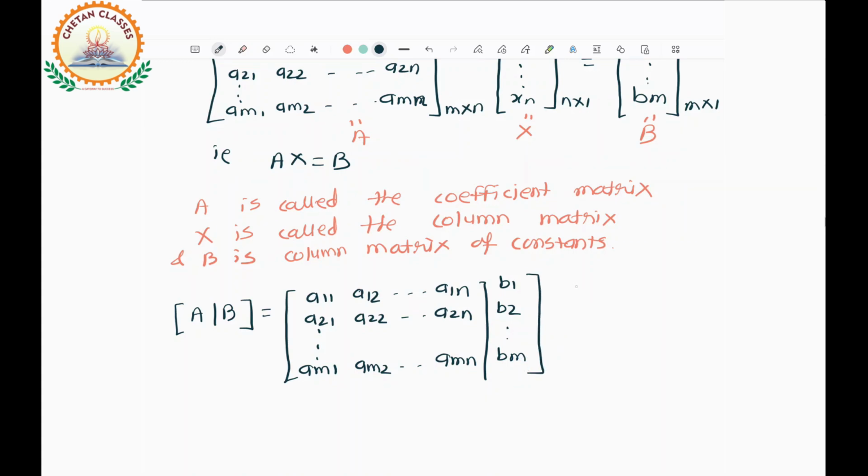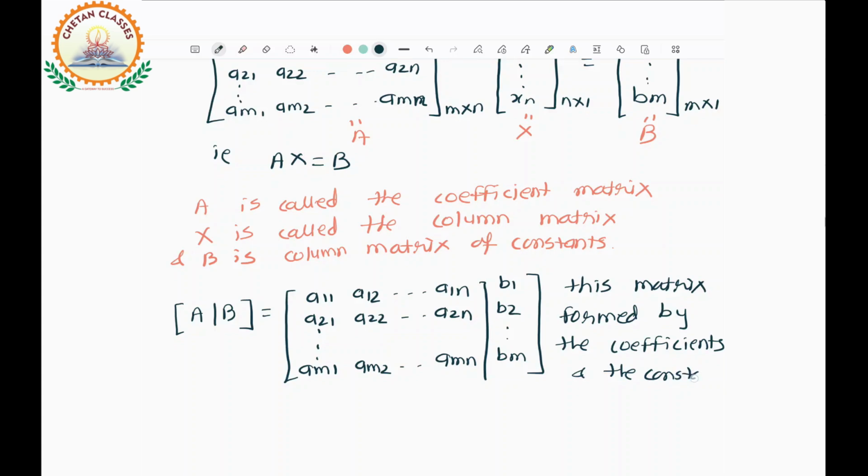This matrix formed by the coefficients and the constants is called the augmented matrix.